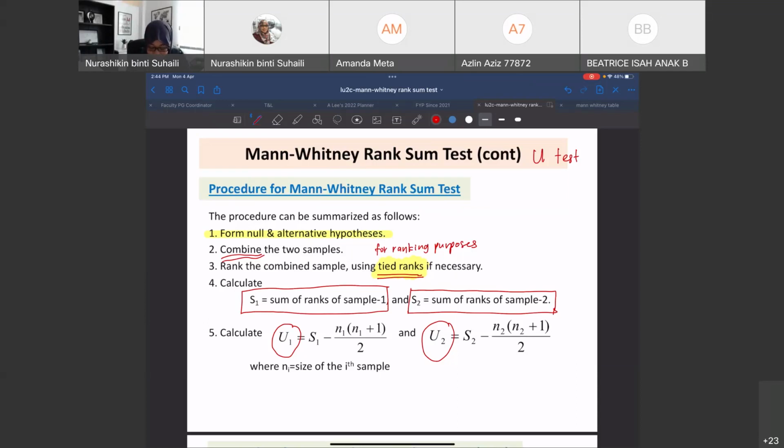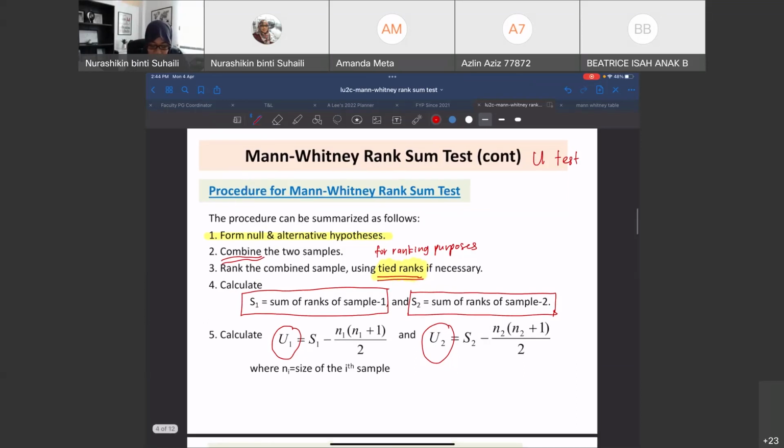So you have to calculate U1, which refers to sample 1, and U2, which refers to sample 2. The formula is U1 is equal to S1 minus N1 in bracket multiply with N1 plus 1, divided by 2. So be careful with this expression.